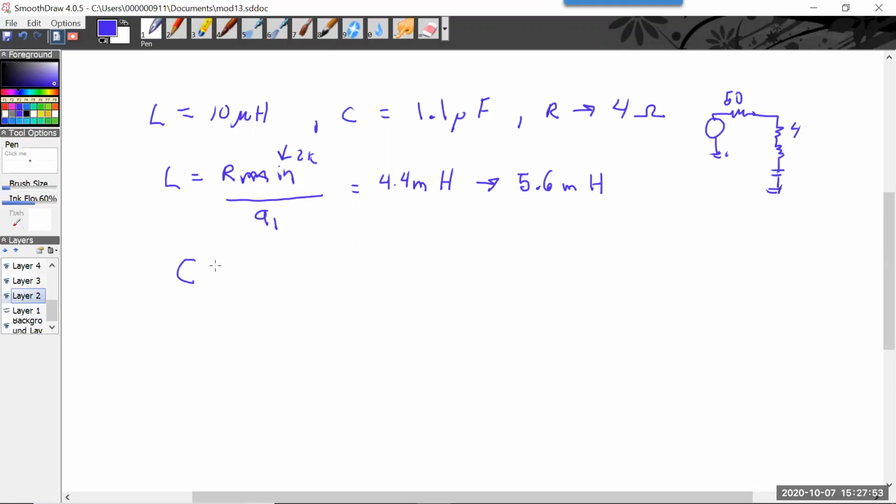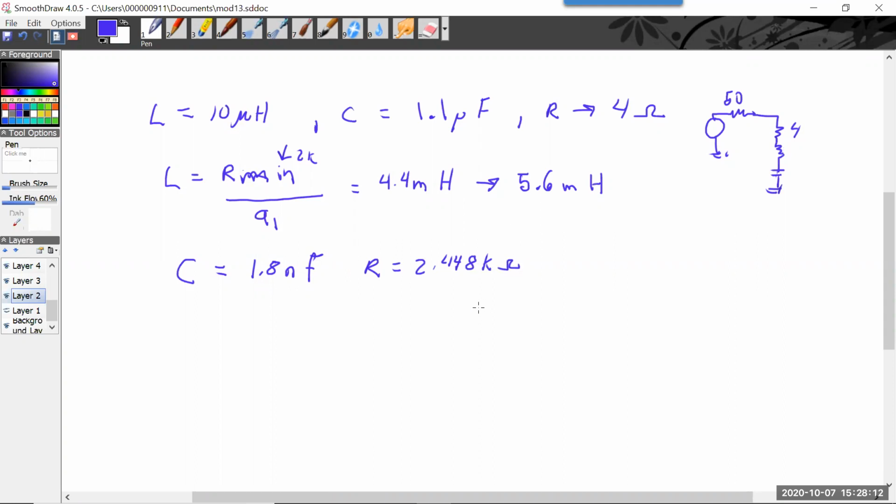Now I calculate C, and I get 1.8 nanofarad. Then I calculate R, and I get 2.448 kilo ohms.